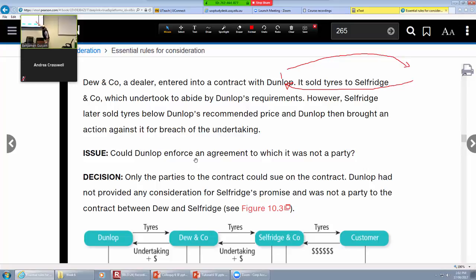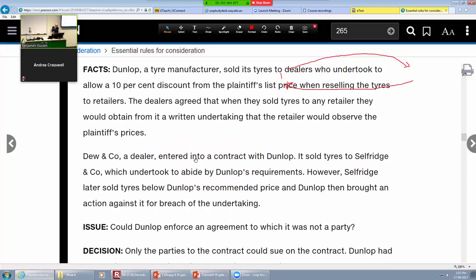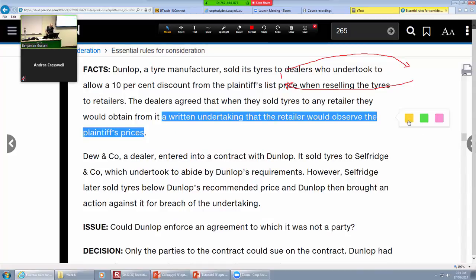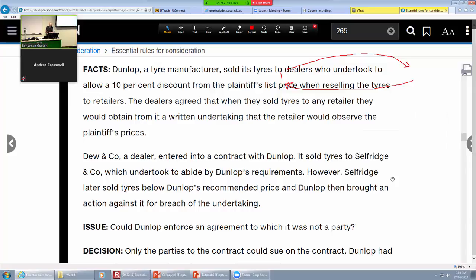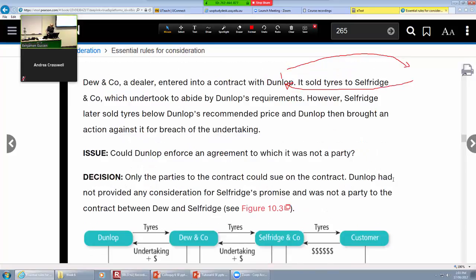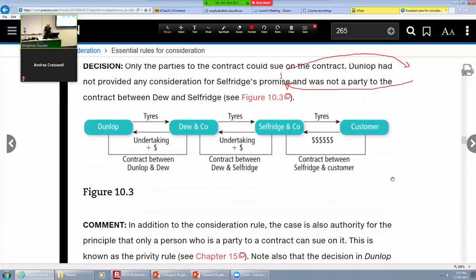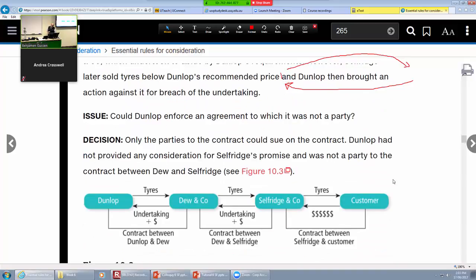Undertaking that you are not going to undersell my tires. The undertaking we just talked about, which is this undertaking right here, a written undertaking that the retailer would observe the plaintiff's prices. That's what we're talking about here. That's the undertaking. Okay.